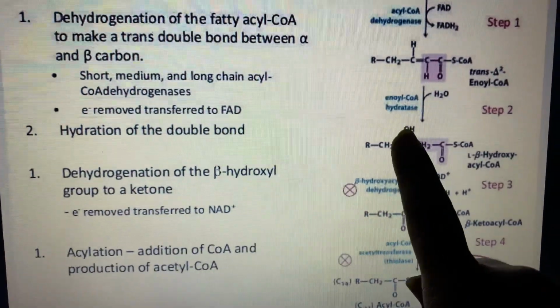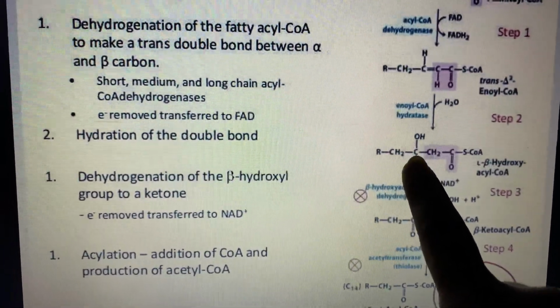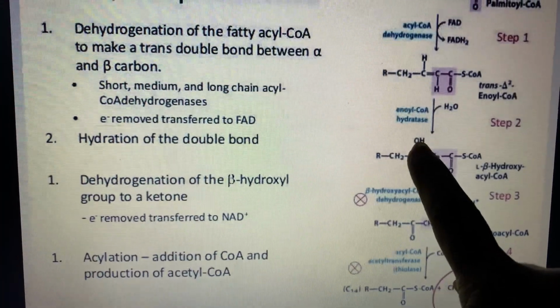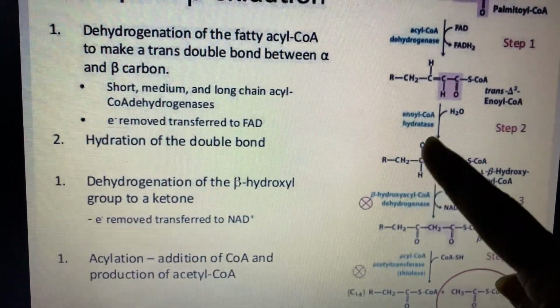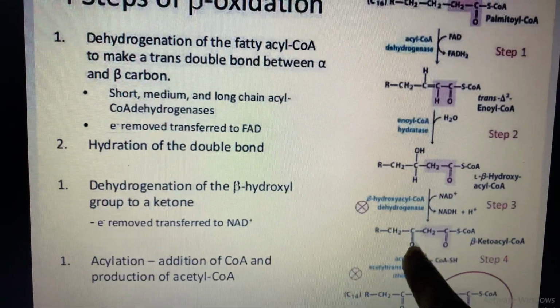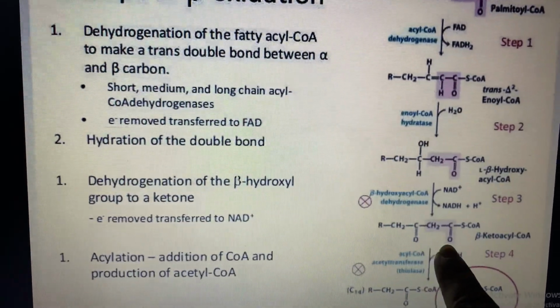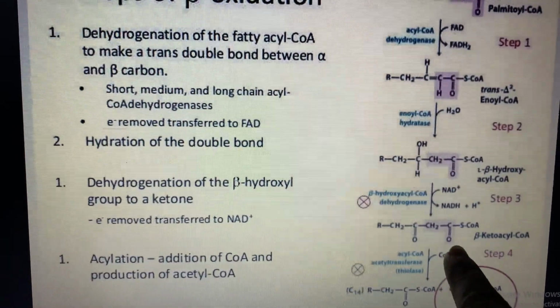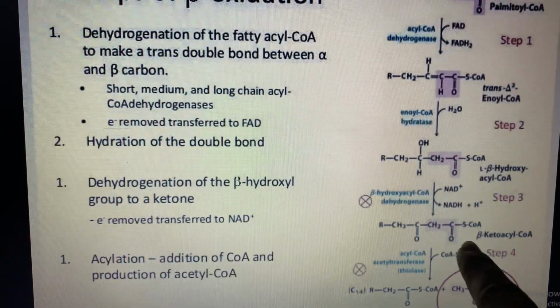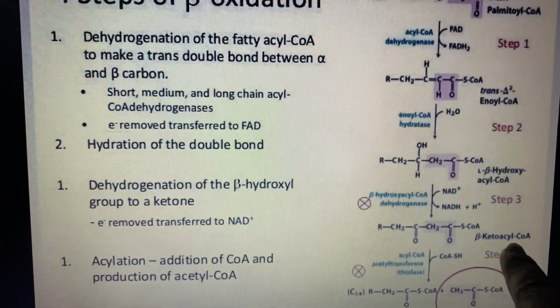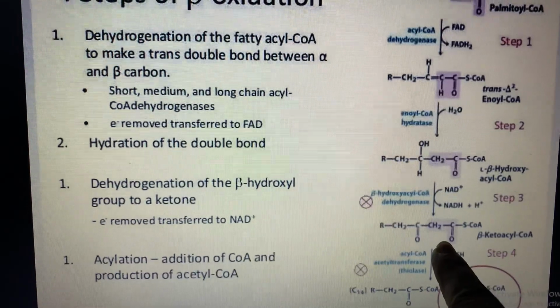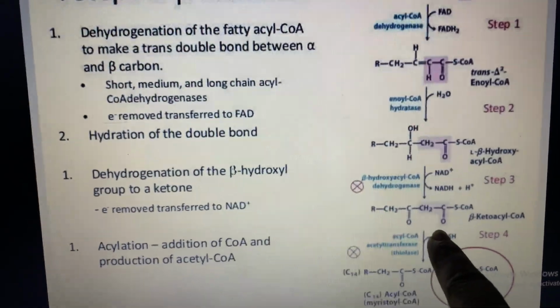See, from this beta carbon, two hydrogens are removed, and a carbonyl group appears here after dehydrogenation, and beta ketoacyl coenzyme A, this structure, is produced.